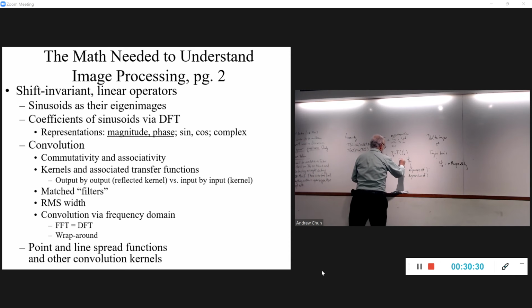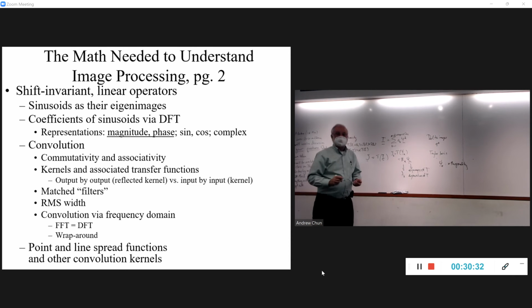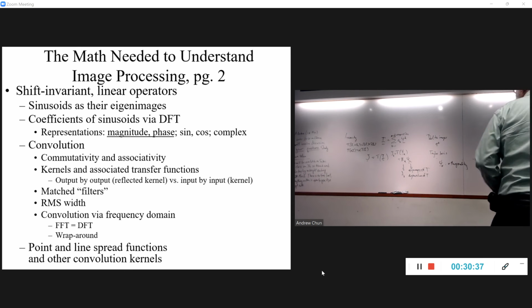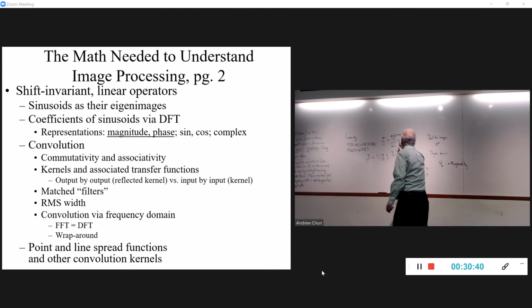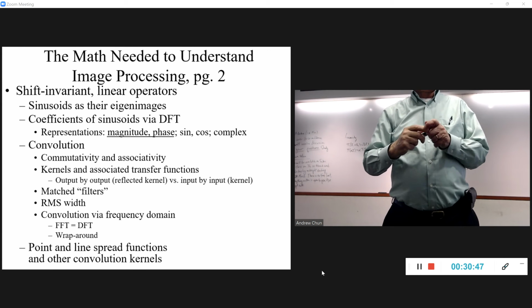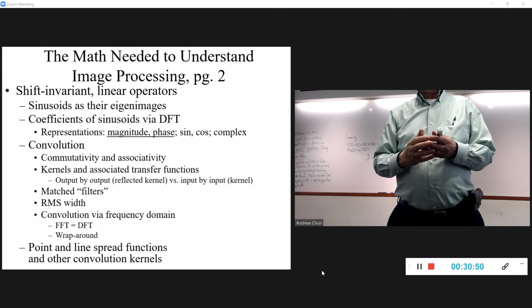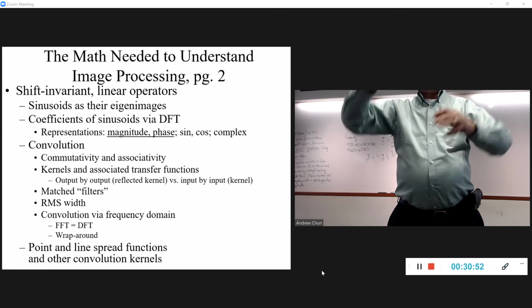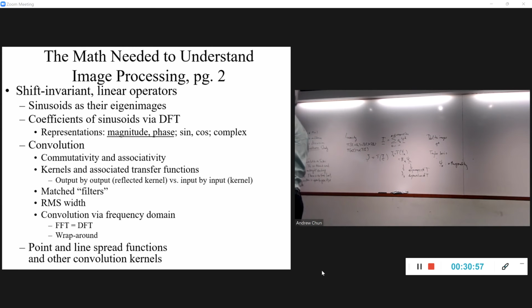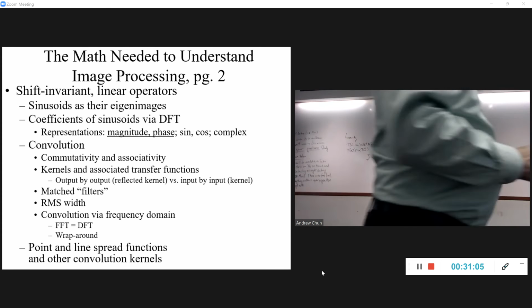Not to confuse you, let me call those DKs rather than AKs, just because I use the AKs as these guys, the coefficients. Okay, we saw that the sinusoids had a lot of nice properties. They produced representations that were invariant to rotation and translation. Well, by definition, since we're shift invariant, they should be shift invariant, but they're also rotation invariant.